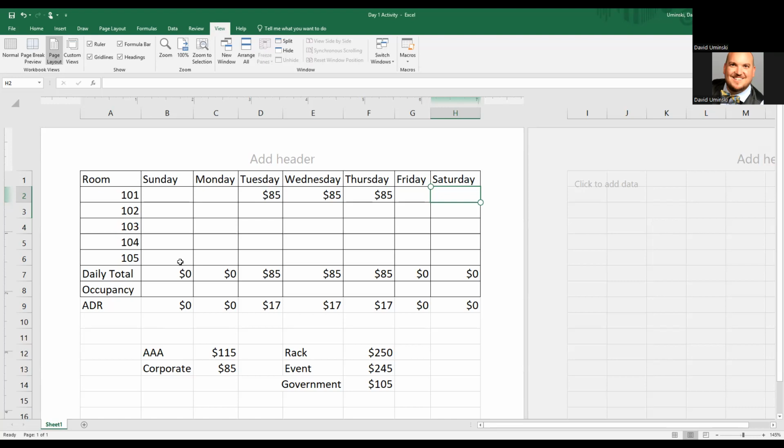Number 12, the rack rate checking in Sunday for 7 nights. The rack rate checking in Sunday for 7 nights.